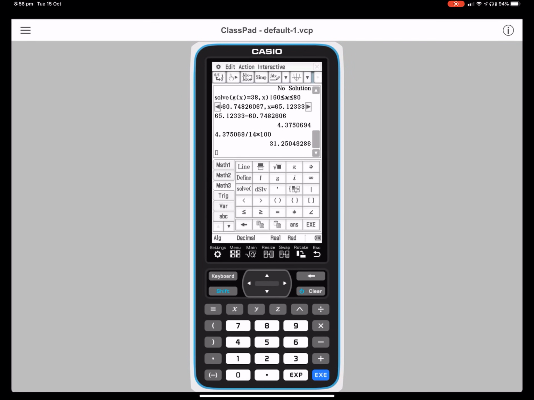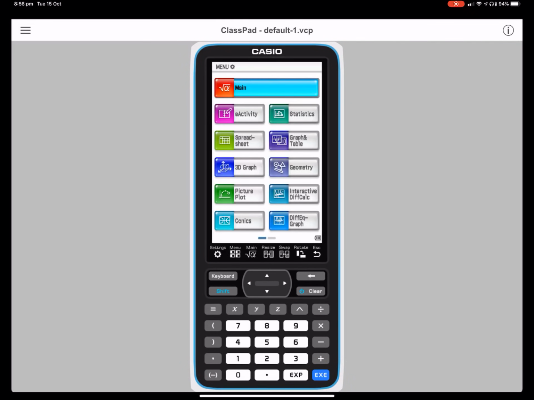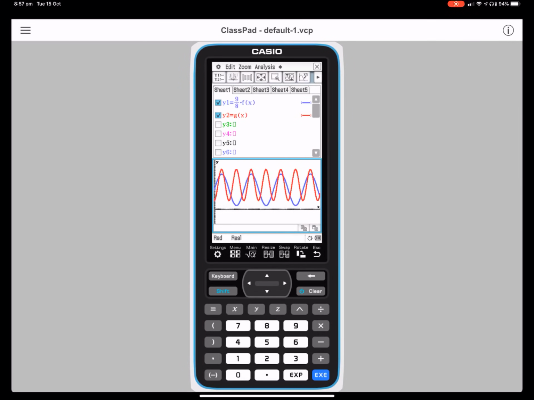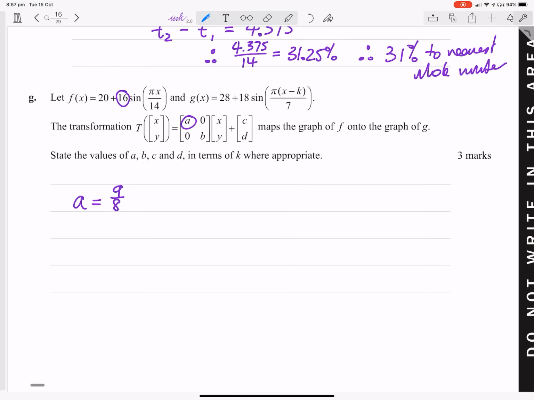Now if we do that, let's go back. So we'll sketch it so we can actually see. f of x, g of x. Get rid of that. Okay, so if I say 9 on 8 and then sketch it, they should have the same period. We've got to make the period the same.